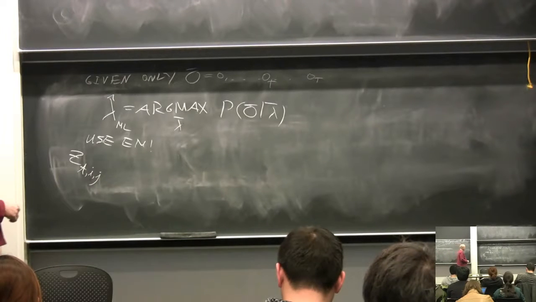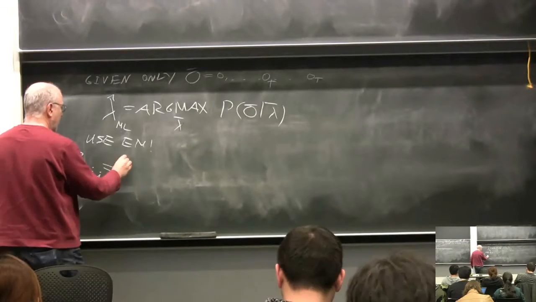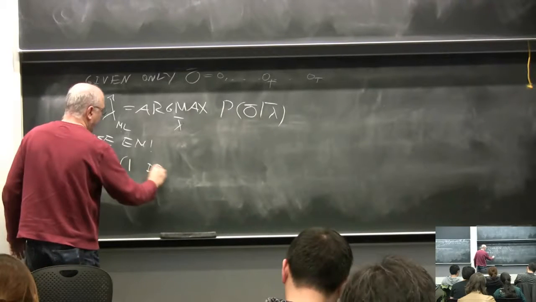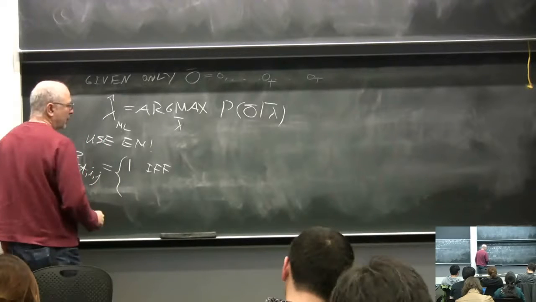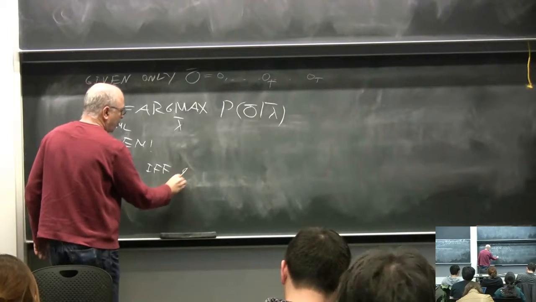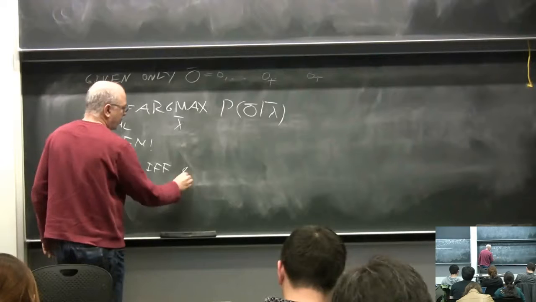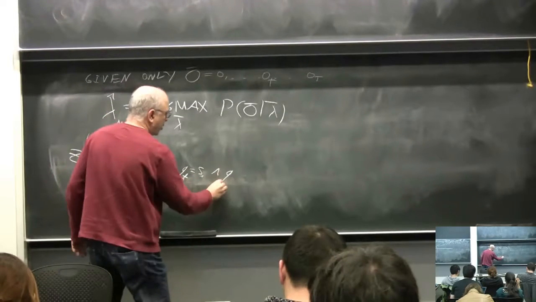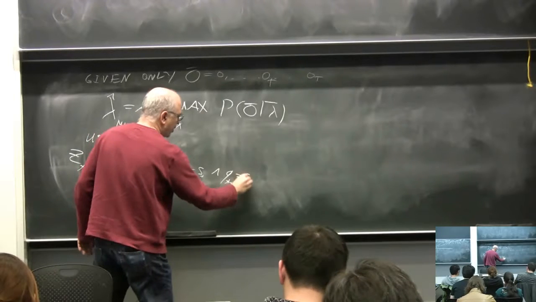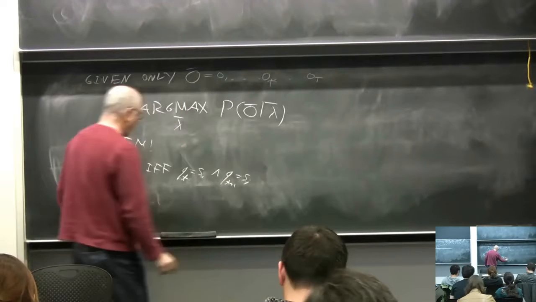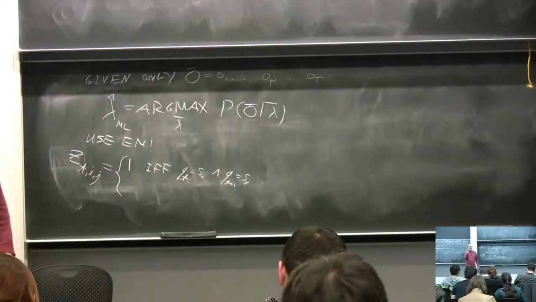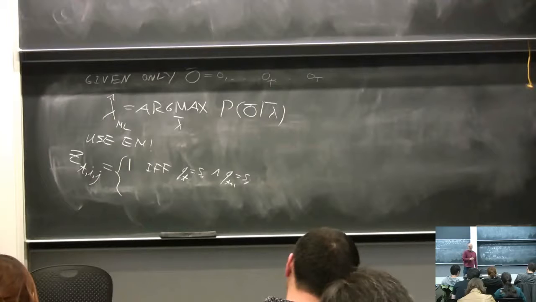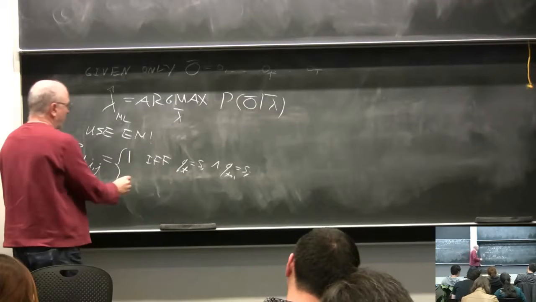Z_t^ij is going to be the random variable that gets 1 if and only if Q sub t is S_i and Q sub t plus 1 is S_j. So it basically captures the hidden event that at time t we're in state i and we're transitioning next to state j. And it's 0 otherwise.